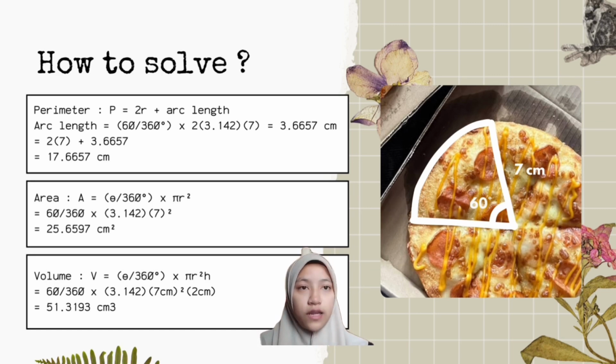For arc length, the formula is theta over 360 degrees times 2 pi r. And the last one, for the volume, V equals theta over 360 degrees times pi r squared h. In this formula, r refers to the radius and h refers to the height.